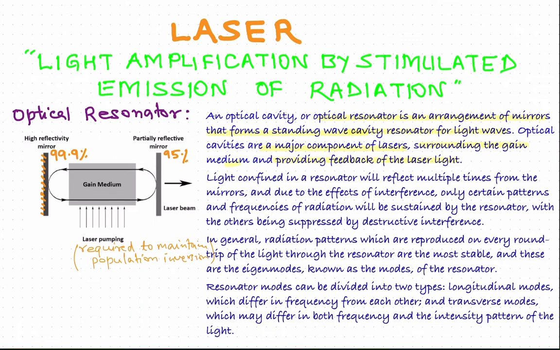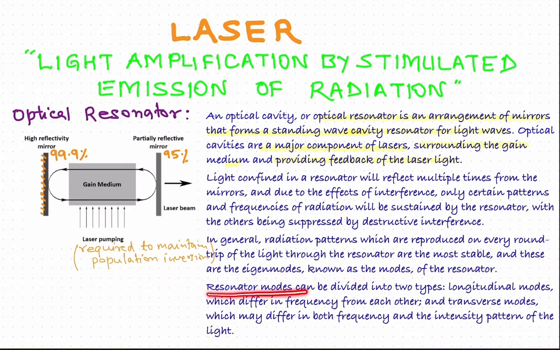Here we are pumping the energy with the help of the pumping source that maintains the population inversion in the medium. Now, the light confined in a resonator will reflect multiple times from the mirrors, and due to the effect of interference, only certain patterns and frequencies of radiation will be sustained by the resonator, with the others being suppressed by destructive interference. In general, radiation patterns which are reproduced on every round trip of the light through the resonator are the most stable, and these are the eigenmodes of the resonator.